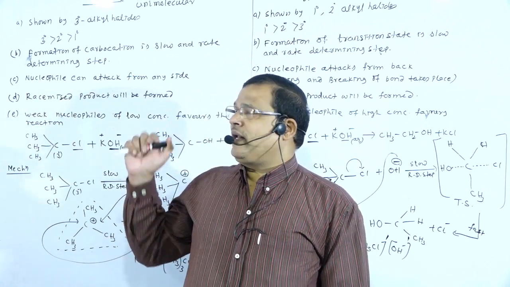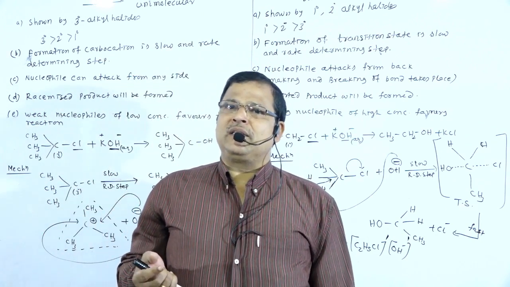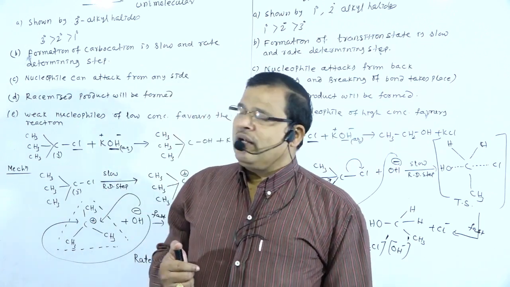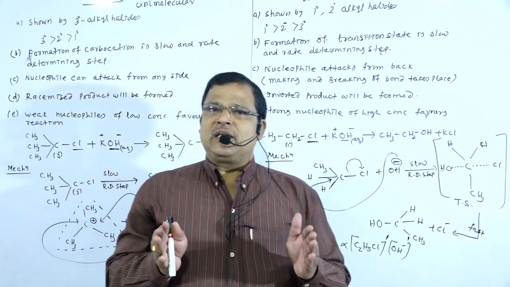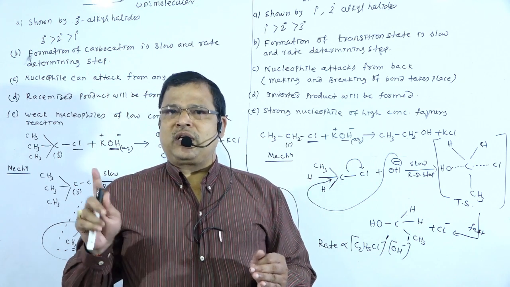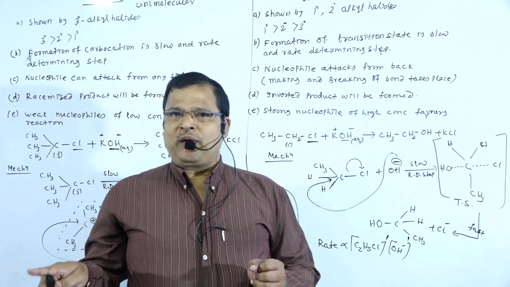I have taken one example with OH minus; you can take CN minus, NO2 minus, or OR minus, alkoxide ion. So in all these cases, if you summarize, SN1 and SN2 are nucleophilic substitution reactions where the halogen atom is replaced by the nucleophile.